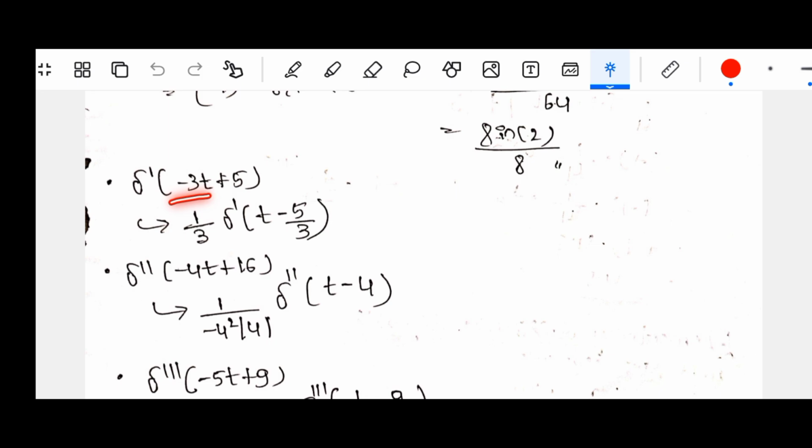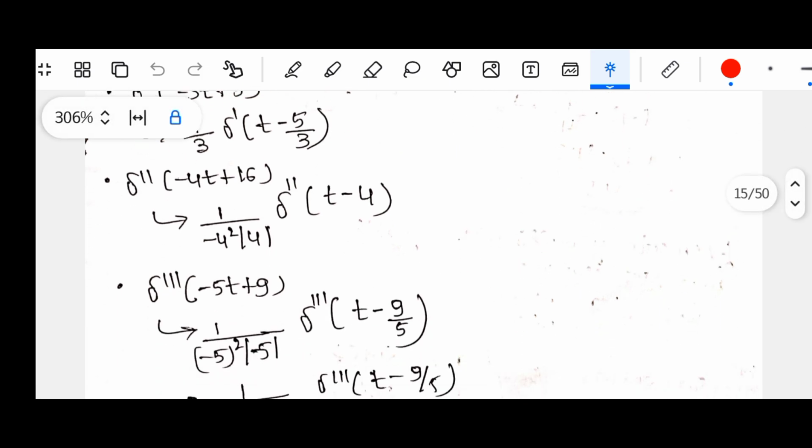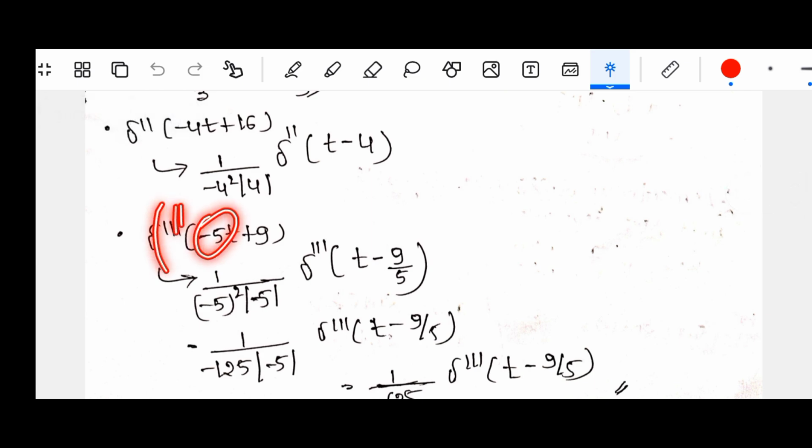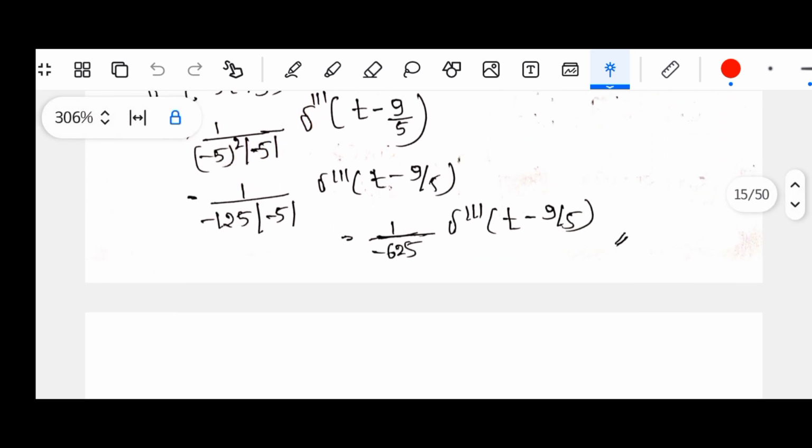Next, delta dash of minus 3t plus 5. So take this outside, here it will come as 1 by 3, delta dash of t minus 5 by 3. Delta double dash of minus 4t plus 16. This is a double differentiation, meaning minus 4 whole square into mod of 4, delta double dash of t minus 4. Then the triple differentiation means this is the cube: 1 divided by minus 5 whole cube into mod of minus 5, delta triple dash of t minus 9 by 5.